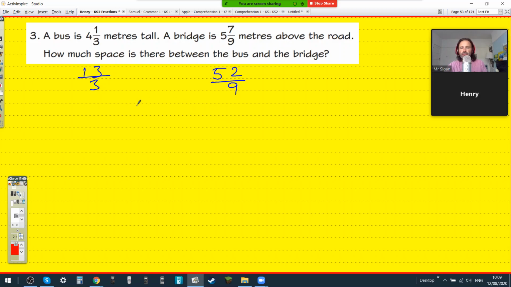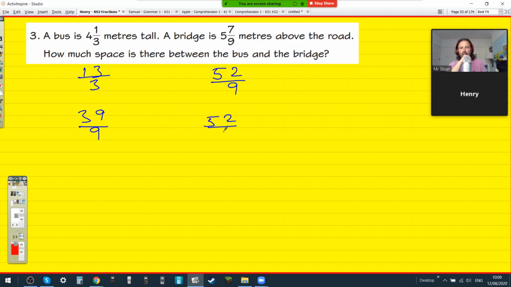So 3 times 4 is 12, and then 1 times 3. Okay, so 12 times 3 is 36, and then plus 3, so 39.